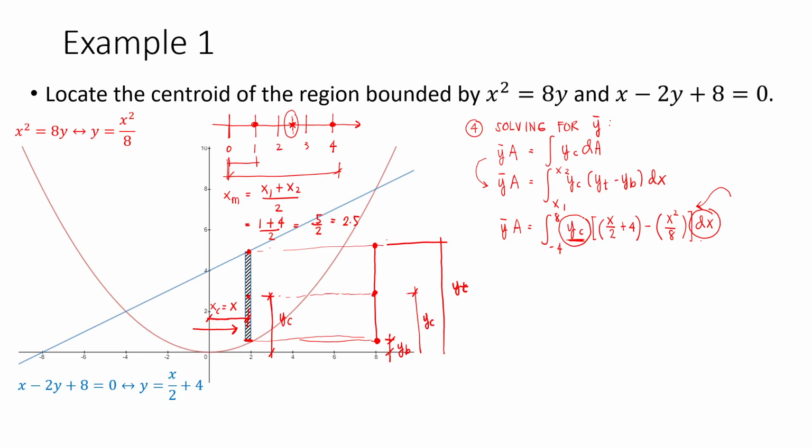So again, we're going to use the midpoint formula. y sub c is equal to y top plus y bottom all over 2.